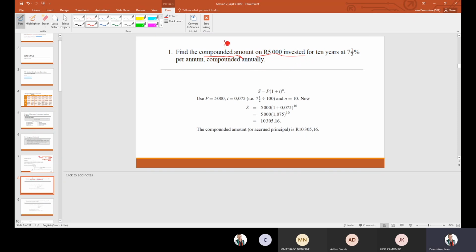So we need to find a compounded amount, so we need to find the future value. We have a present value for a period of 10 years. So we know that n is equal to 10. And you have your interest, and this interest rate is per annum.